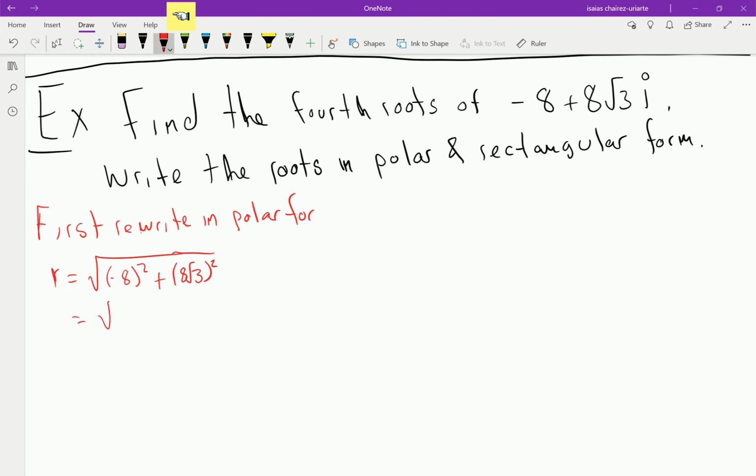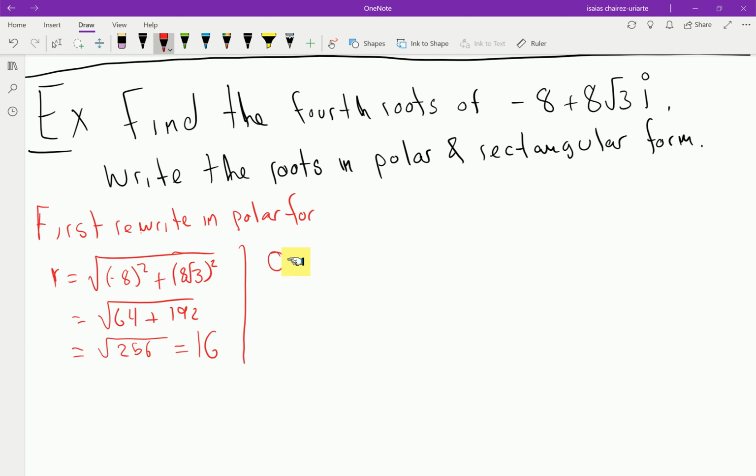Well, that's 64 plus 192, because if you square 8√3, that becomes 64 times 3, and 64 times 3 is 192. So 64 plus 192 is 256, and the square root of that is nice, just 16. So I know that my radius is 16.